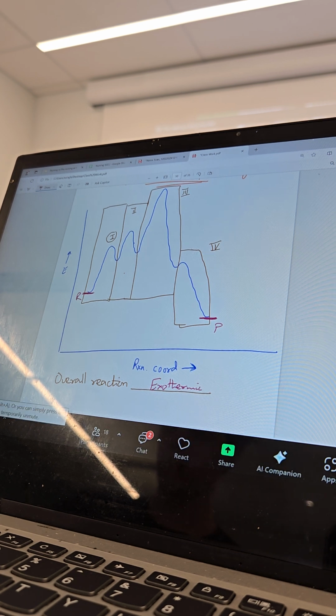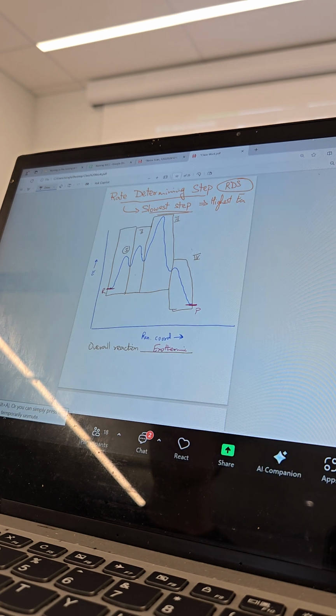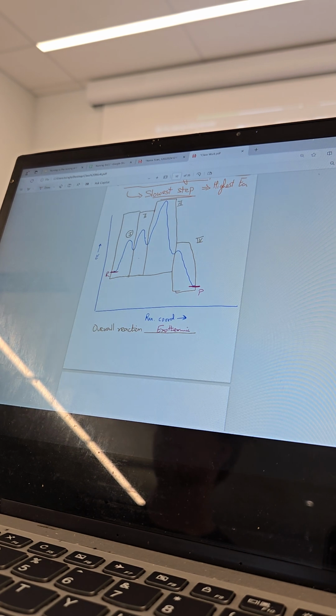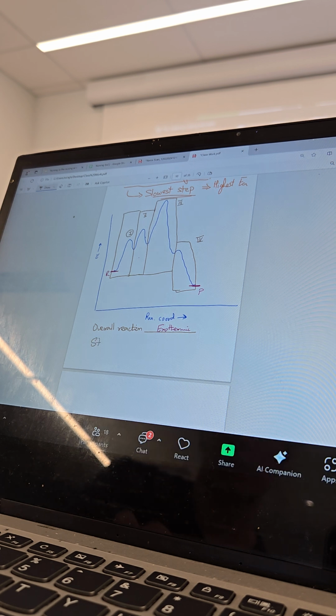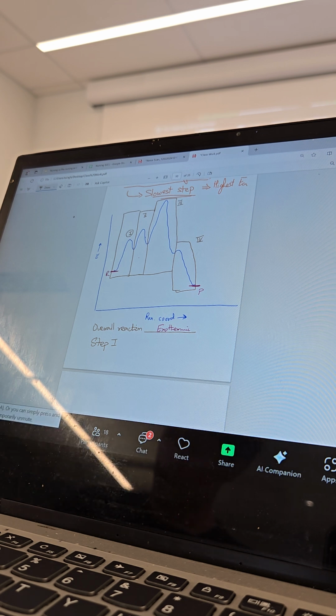Okay. Next question, using the same diagram. What about step 1? Is step 1 of this process exothermic or endothermic? Endothermic? Do you all agree? Because now you're only looking at step 1.